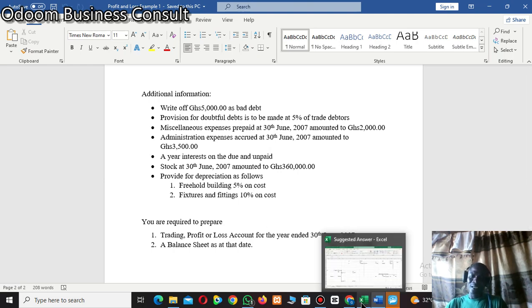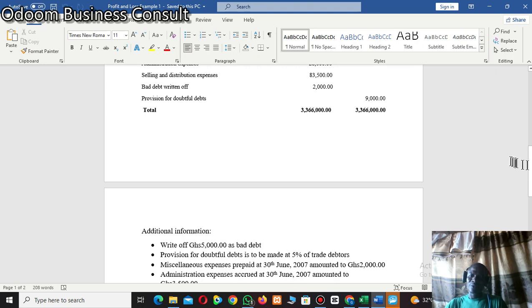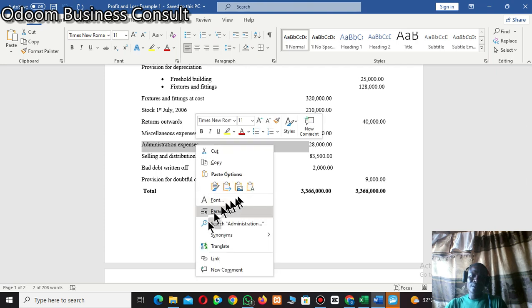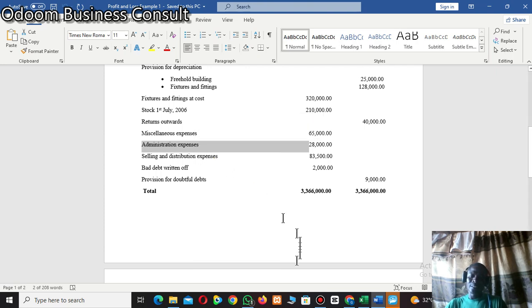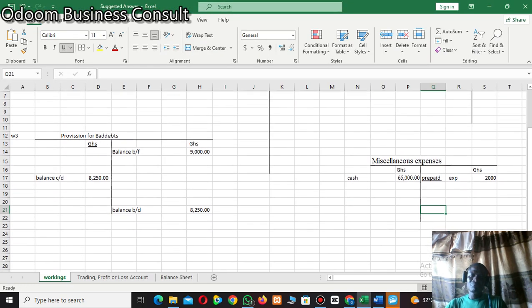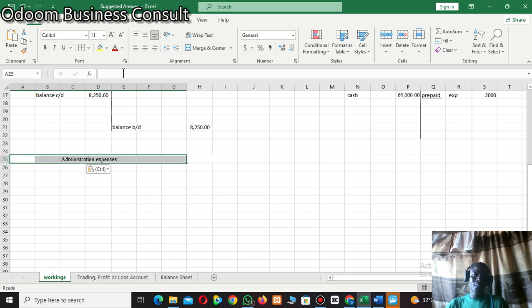So the same thing that we have to do here. Let me copy the heading from here. Administration expenses, I'll copy. In your case, just write it. I'm using Word and Excel, so I can easily copy it. Then I'll come here and open my account nicely.